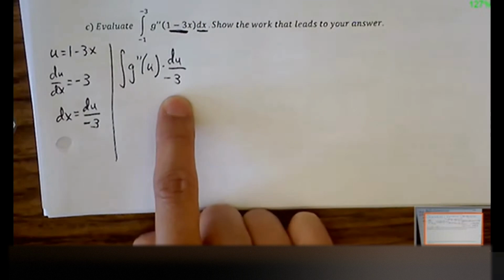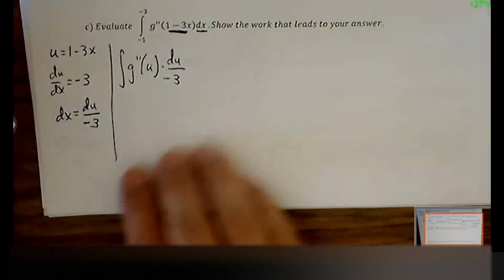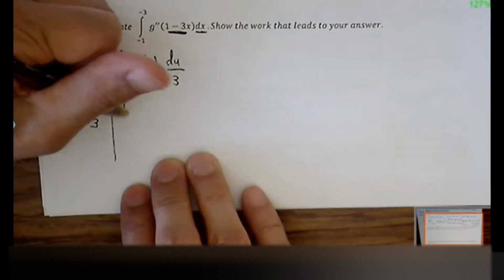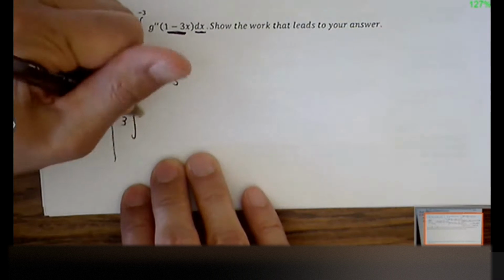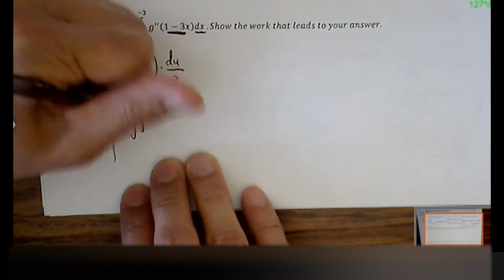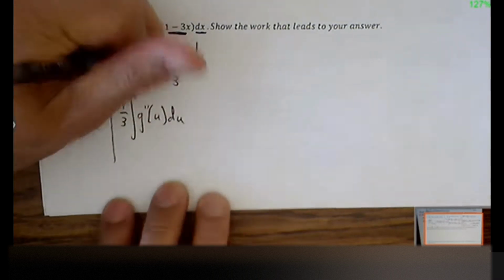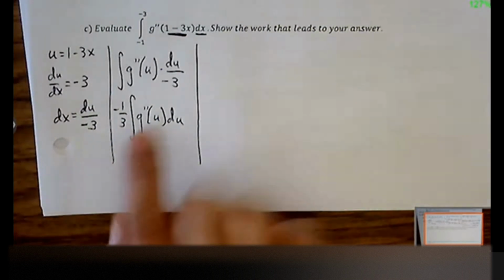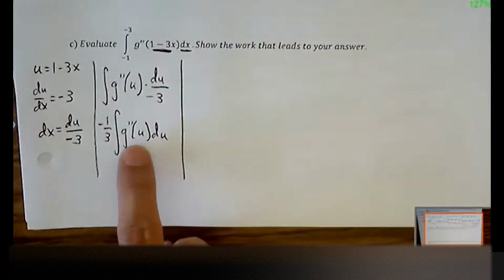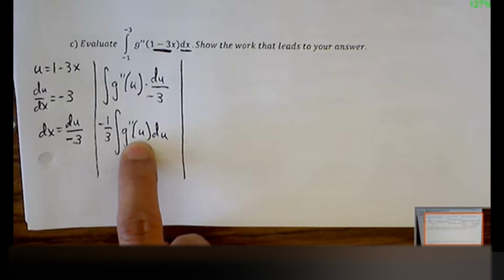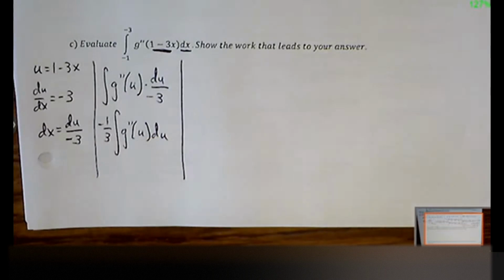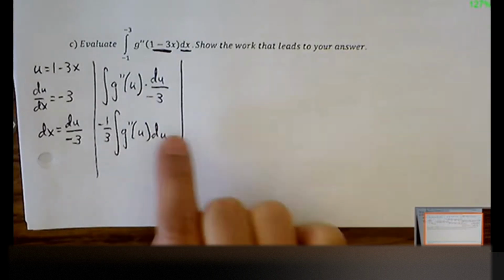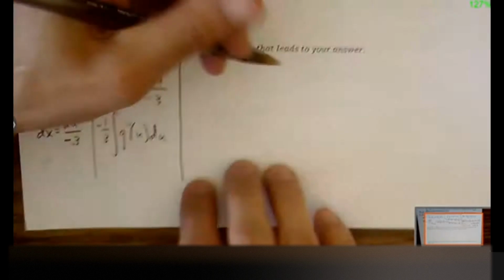We'll push that -3 out as -1/3. We know through the integral process that G double prime is going to convert into G prime of U, and then we can worry about how to work in those bounds.